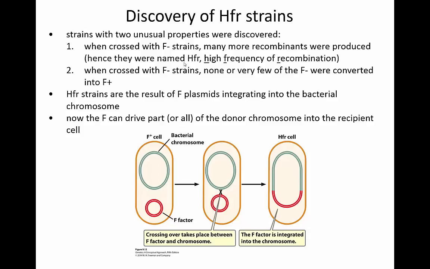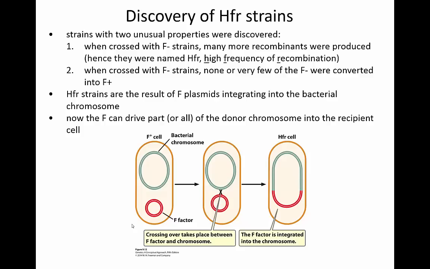And so the Hfr actually stands for high frequency of recombination. Secondly, when these Hfr strains were crossed to F minus strains, those resulting cells did not usually become F plus.